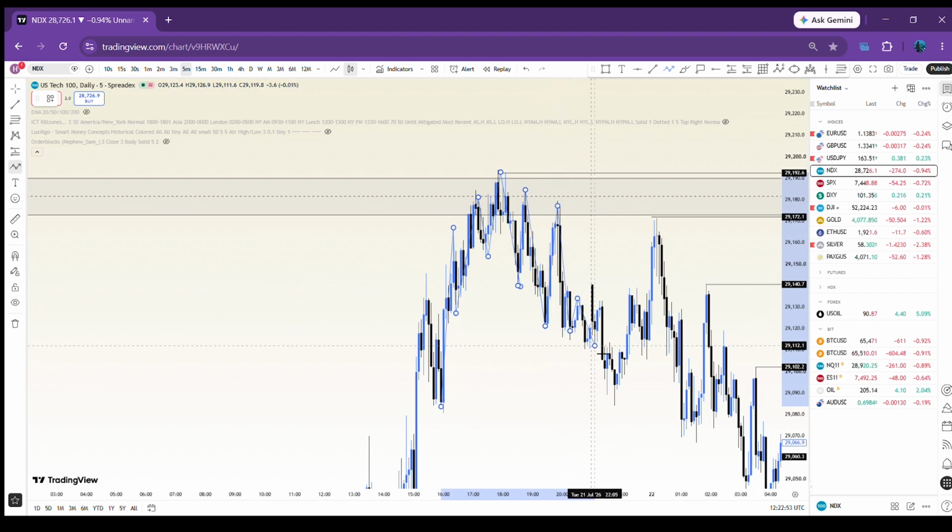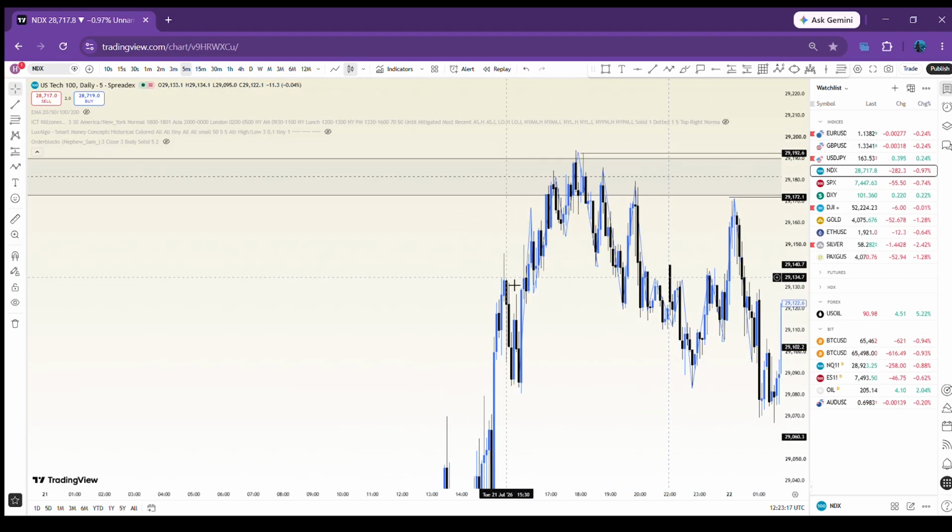Then the market makes a higher high because it breaks this lower high, so the downtrend becomes an uptrend. Higher high, higher low, higher high. Now it breaks the previous lower high and becomes a higher high.